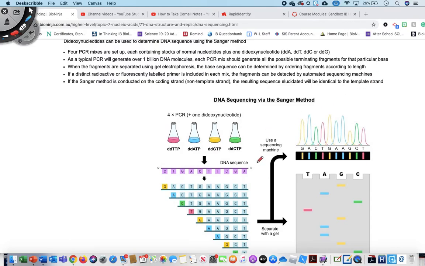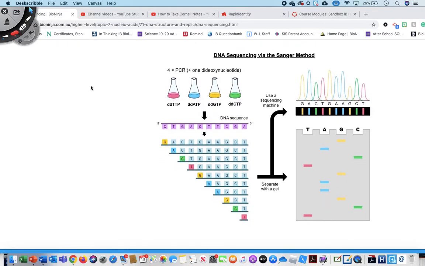So let's say I am trying to figure out the sequence of this DNA strand right here in purple. Notice that the strand here is 5' to 3', so I'm going to start copying in a 5' to 3' direction. I'm going to start right here at the 5' end. So let's say I add this mix in first, the ddGTP mix first.